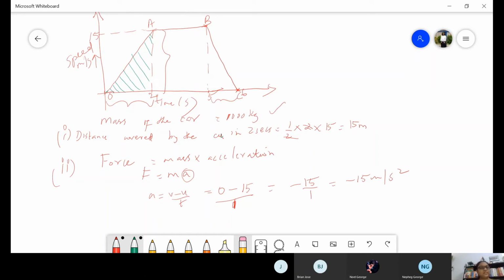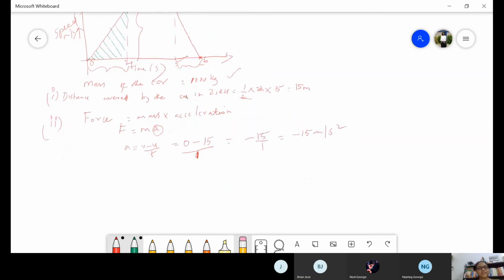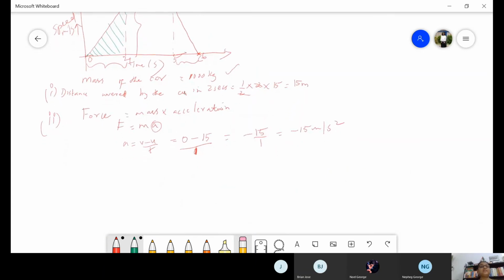So now the question is not completely solved. We are asked to find out the force. So F equal to m into a. Again coming back to the question, m is 1000. So you can write 1000 into minus 15 meter per second square. So you will get minus 15,000.